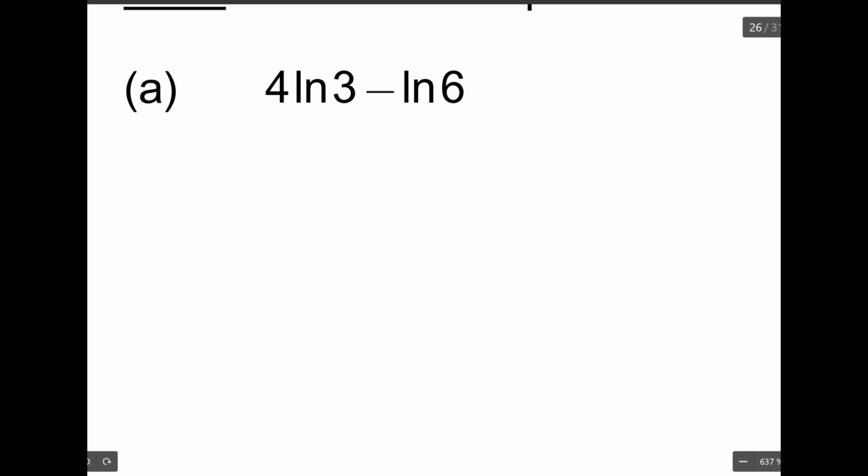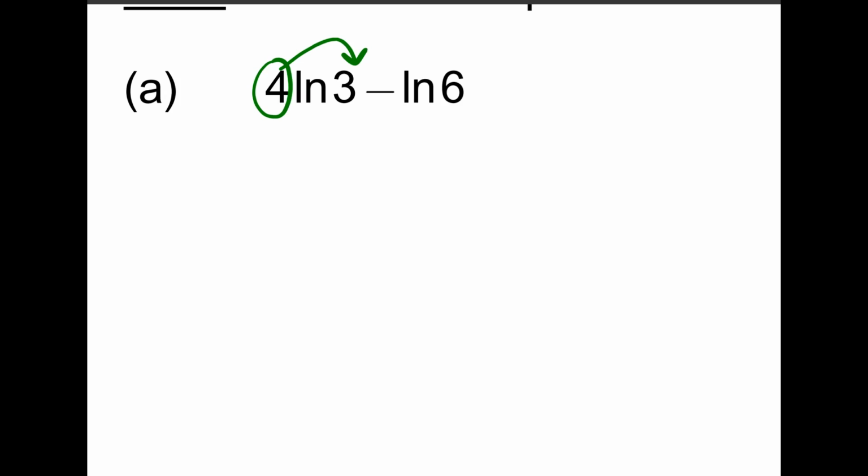Turn back to 7.5. Think about what properties I'm going to be using. What properties could I use? Quotient. I will be using quotient rule, exactly.